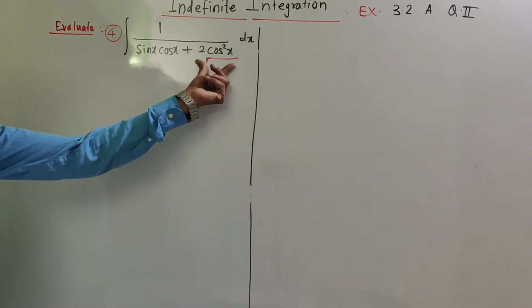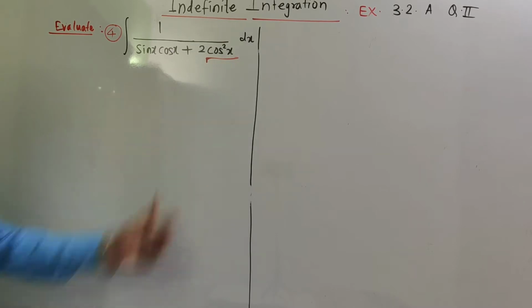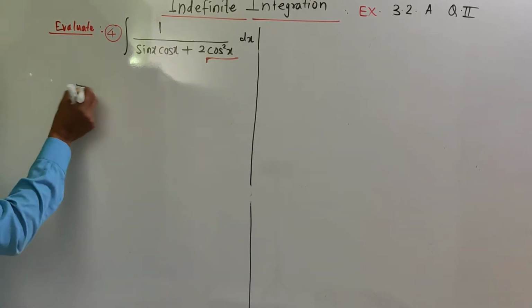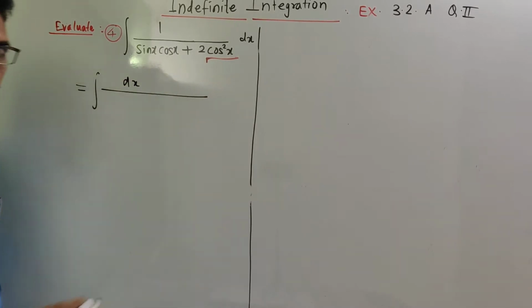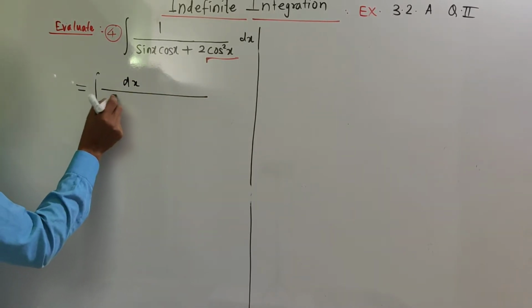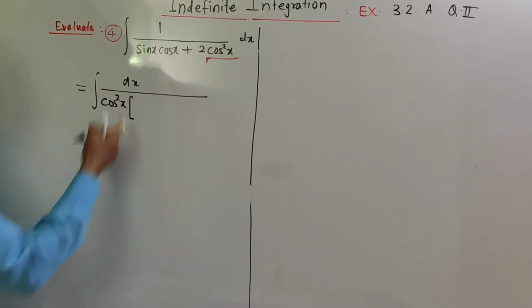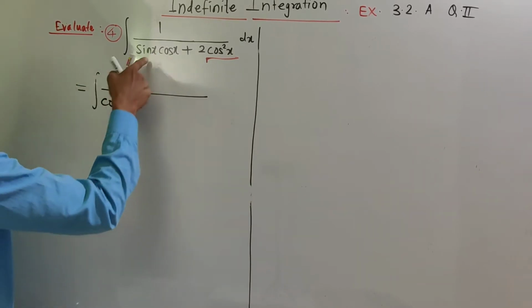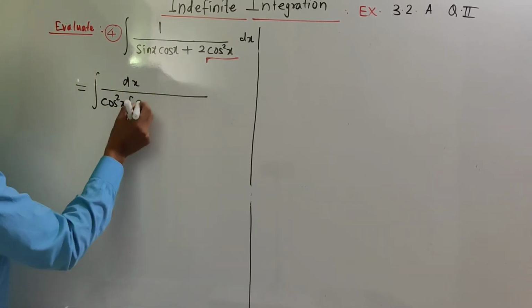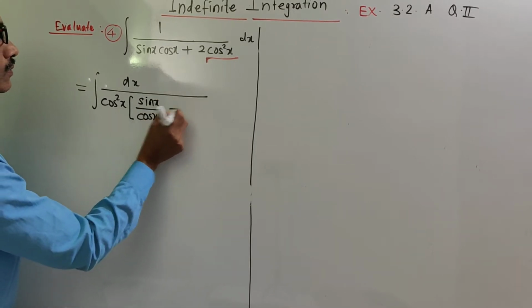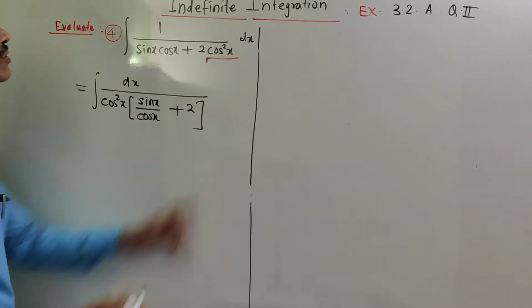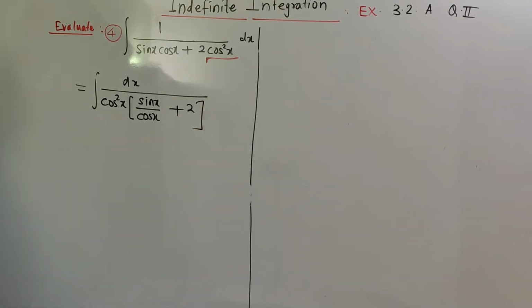Suppose we take cos square x common from this denominator, so we will get dx upon cos square x common. One cos x comes outside, and in the denominator there will be sin x upon cos x plus 2, because we are taking cos square x common.